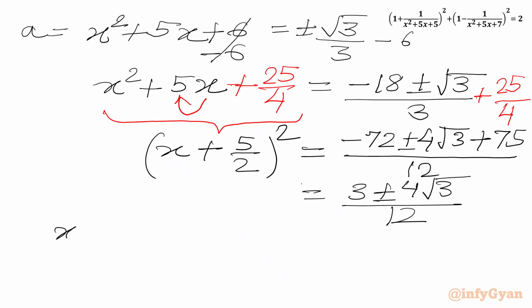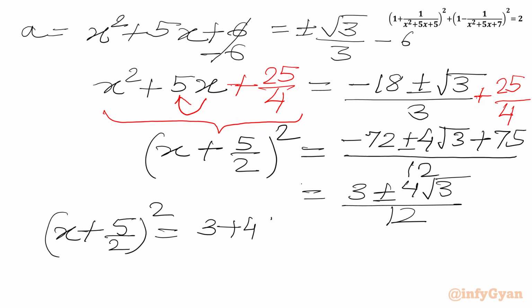Let me write here x plus 5 over 2 whole square will be equal to 3 plus 4 root 3 over 12 and 3 minus 4 root 3 over 12.